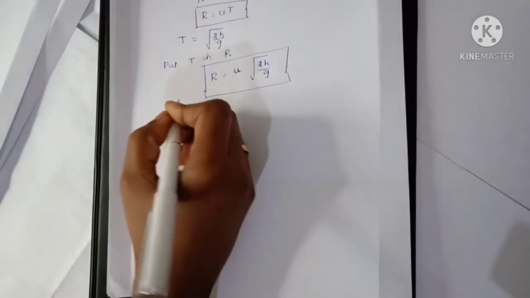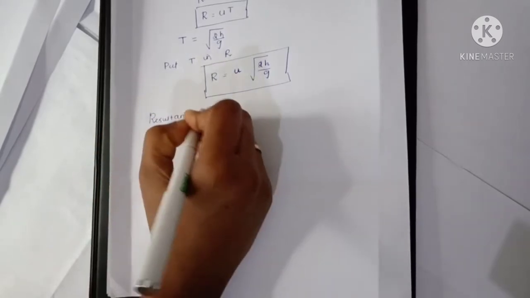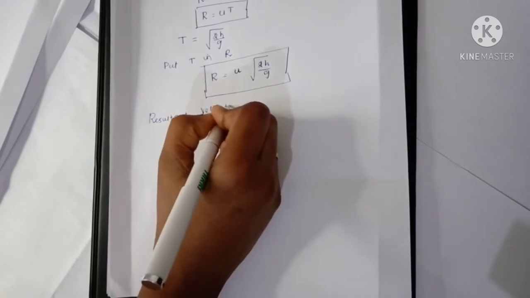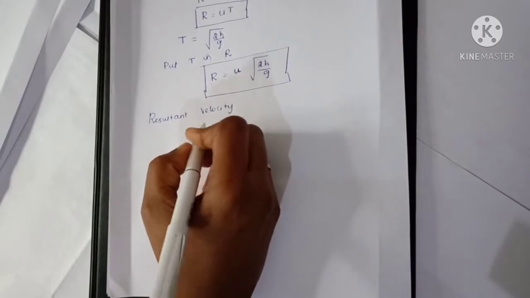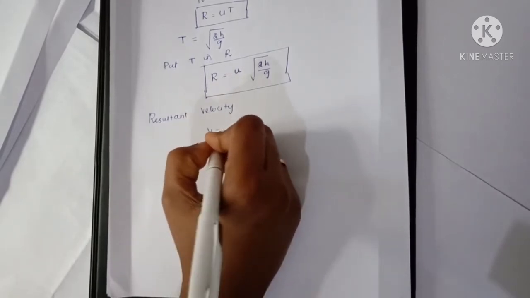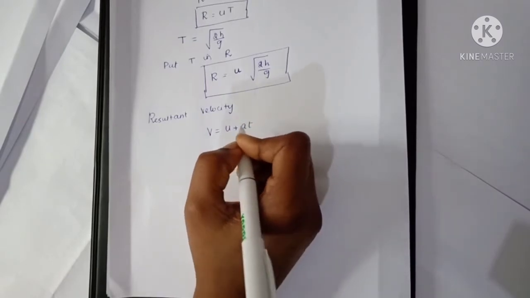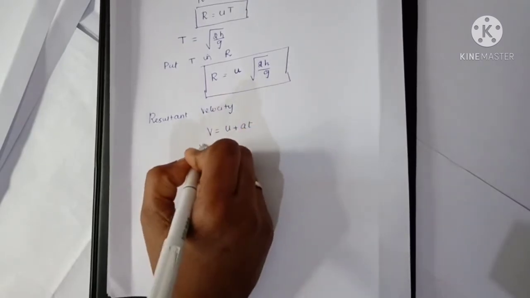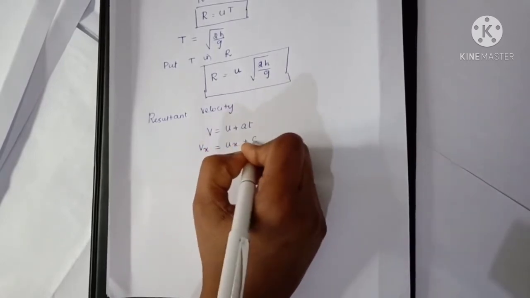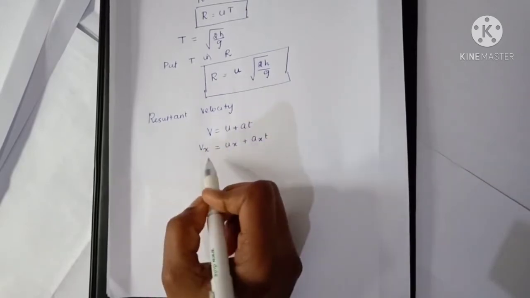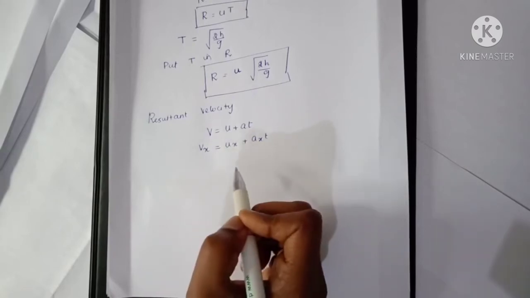Next one is the resultant velocity. From the first kinematic equation, v is equal to u plus at. So the velocity component along the x axis is vx equal to ux plus axt. Now we are going to find the velocity along the x axis.